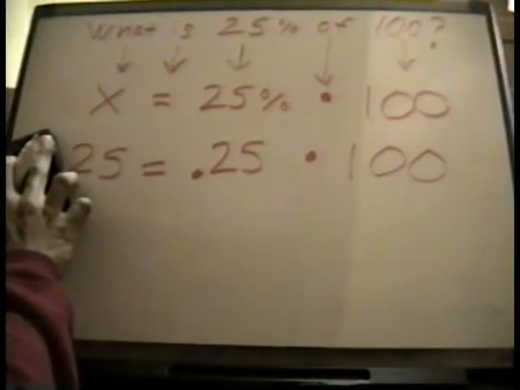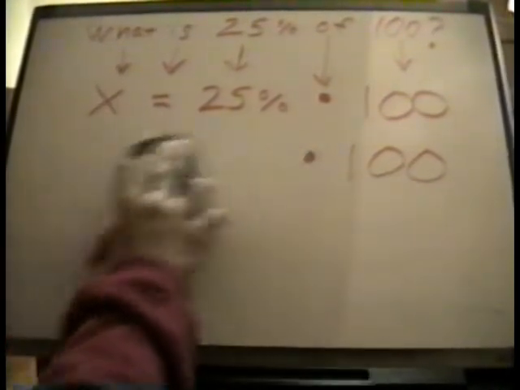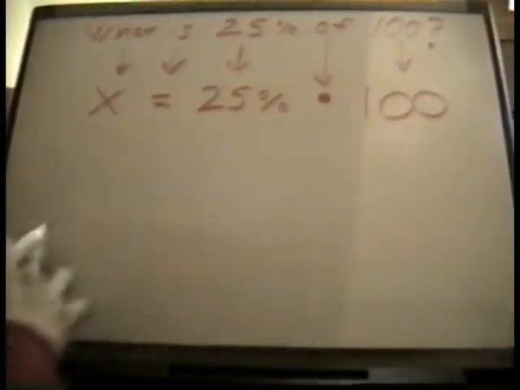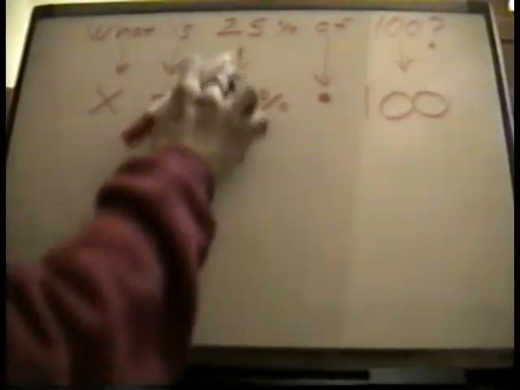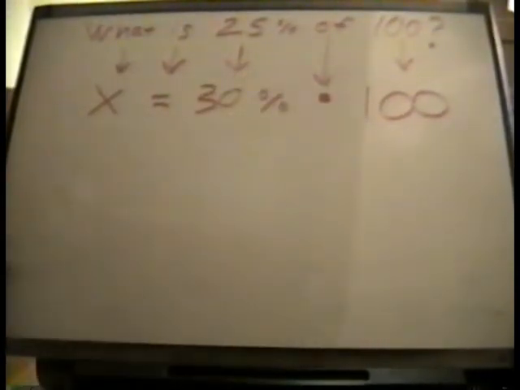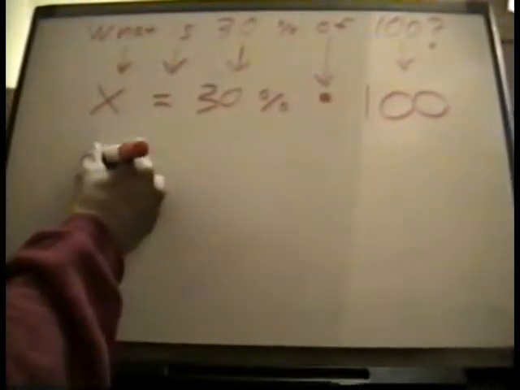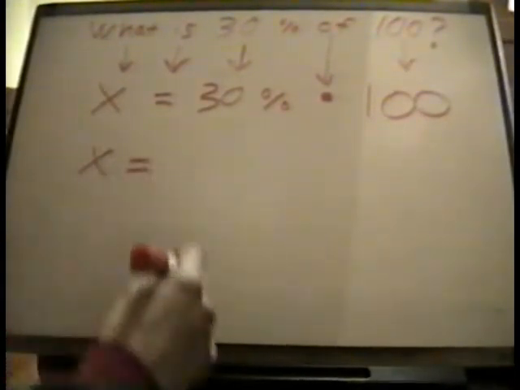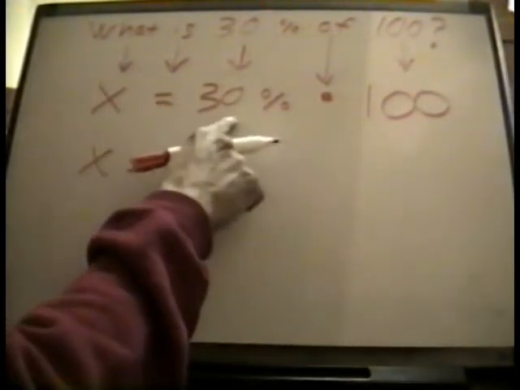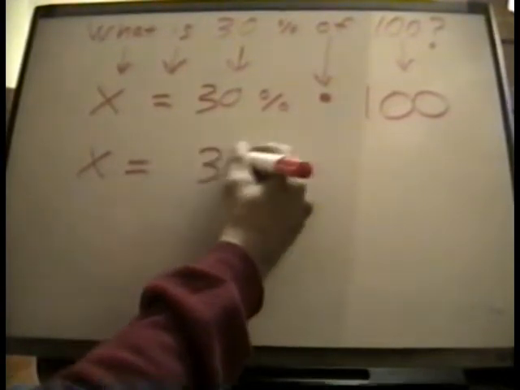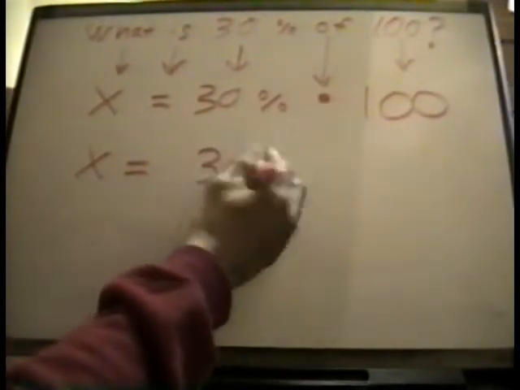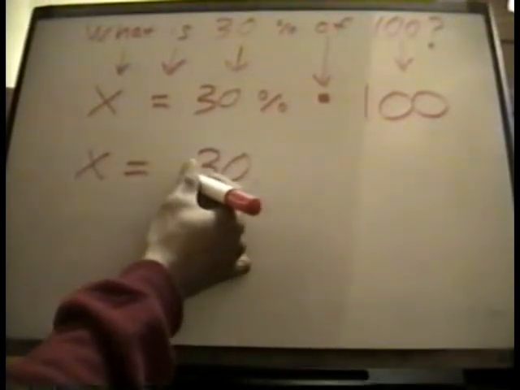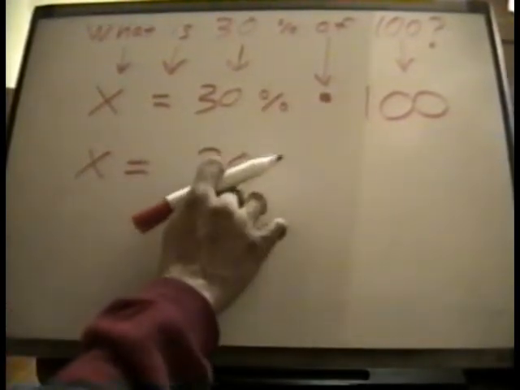Now, what if we say, what is 30% of 100? You have to convert that into a decimal number by moving the decimal point 2 places to the left and dropping the percent sign.